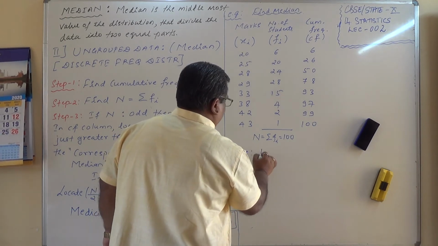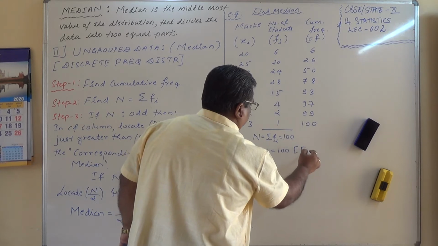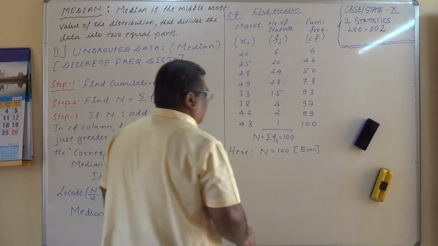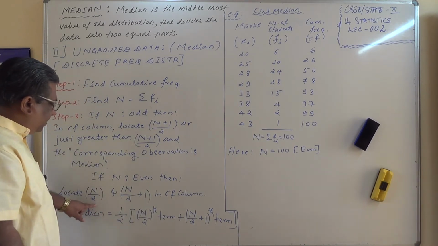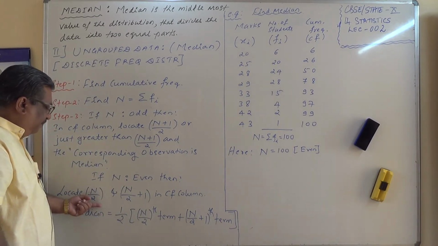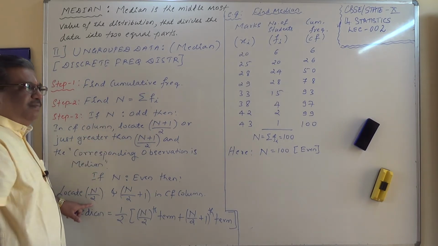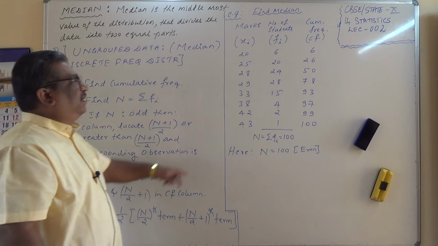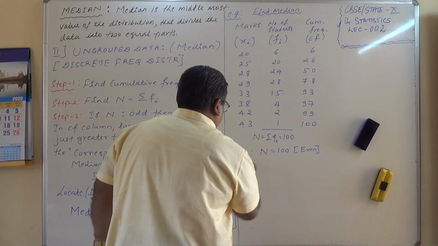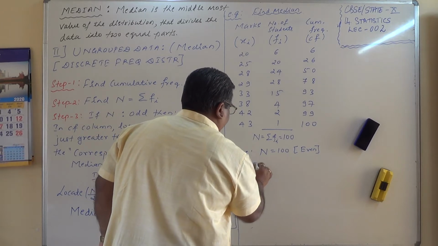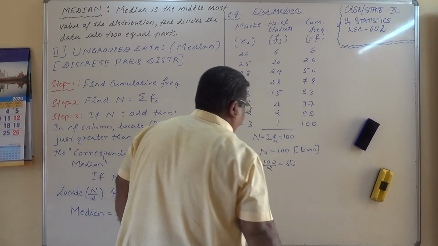Important, n equals 100, which is even. If it is even, we have to use this formula here. We have to locate n by 2 in the CF column and identify the corresponding observation. So n by 2 equals 100 by 2, which is 50.